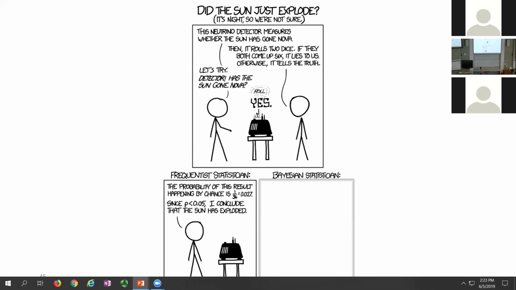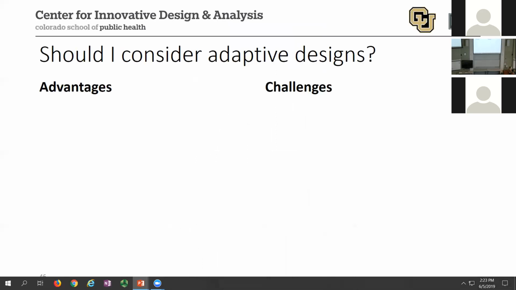And then the Bayesian statistician, using his prior knowledge, says, bet you $50 it hasn't. So again, a very tongue-in-cheek, I appreciate both methods very much, but I think it's a nice illustration of situations where incorporating prior information maybe is more beneficial than relying on some device with some probability of lying to you to tell you if the sun's exploded.